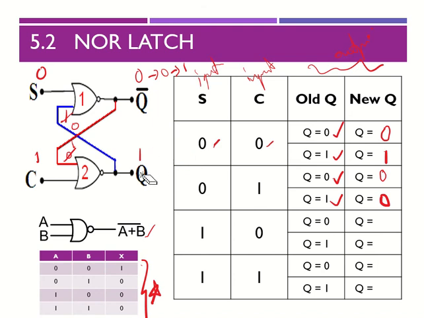So next we go for the next one. So this is done, this is done. So 1 0, you have 1 over here, and you have a 0 over here, and you're going to have a q equals to 0, this one.